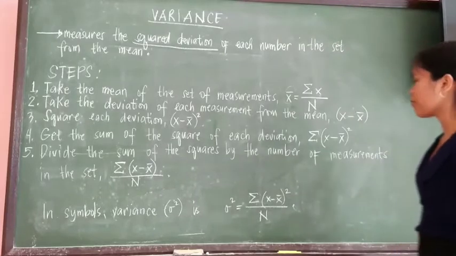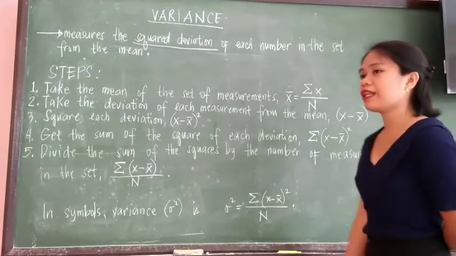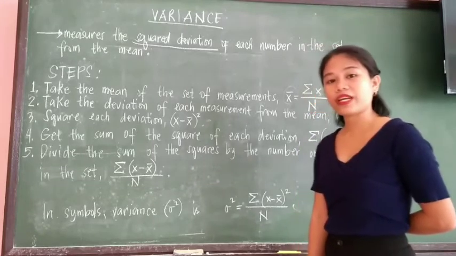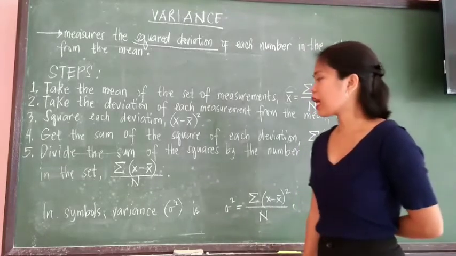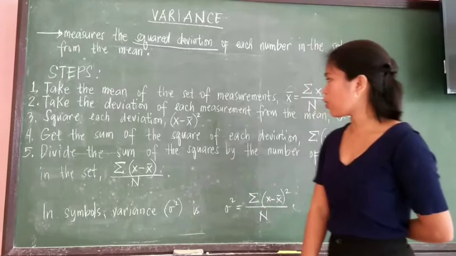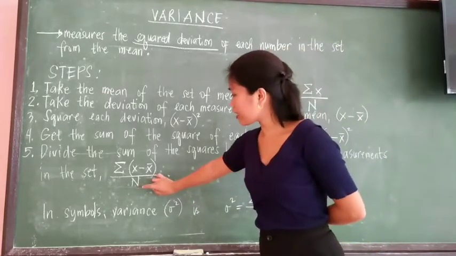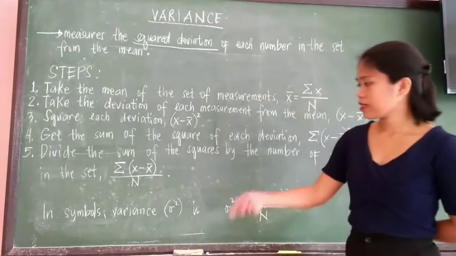Then divide by the number of measurements in the set, or simply the number of trials taken or done. Okay, so the expression will turn out like this.